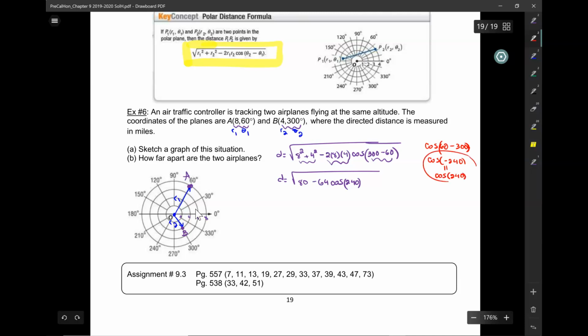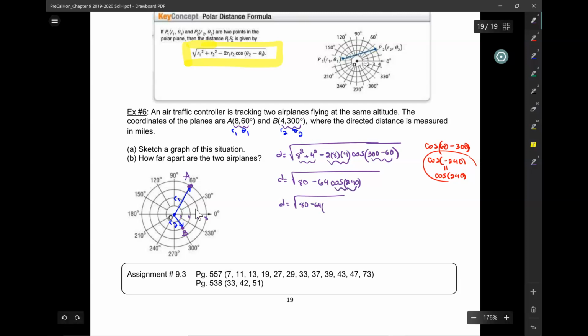So just like with rectangular coordinates, it doesn't matter which one your point 1 is and which one your point 2 is. It's the same with this. And it shouldn't matter. The distance should be the same whether you start from A and go to B or B and go to A. Isn't that funny how math works? All right, so D is the square root of 80 minus 64 times cosine of 240. What's cosine of 240?